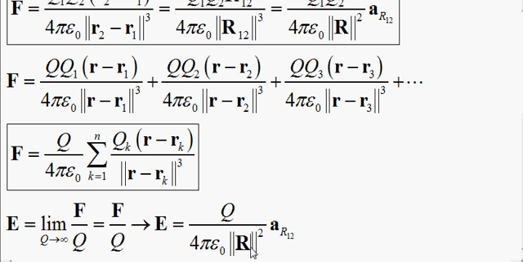So this might sound like a lot, but basically every charge puts out an electric field, and if you have multiple charges in one area, there's going to be some sort of superposition of that electric field, and it's described by this.